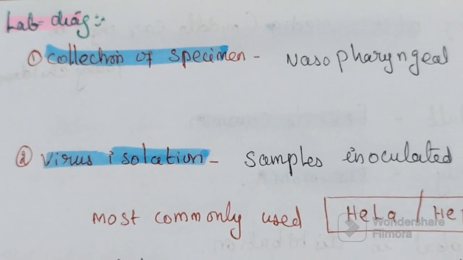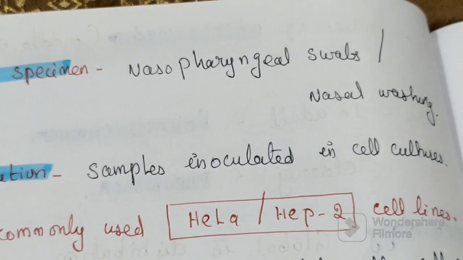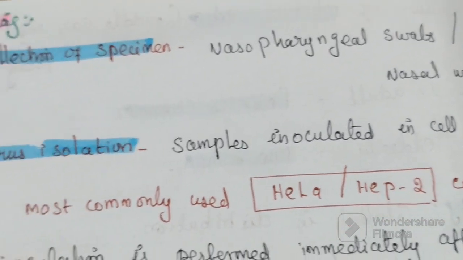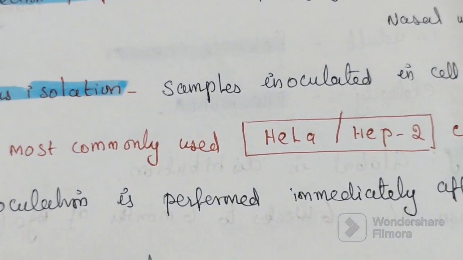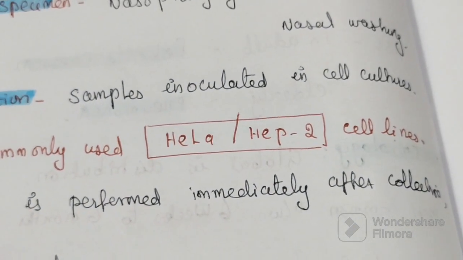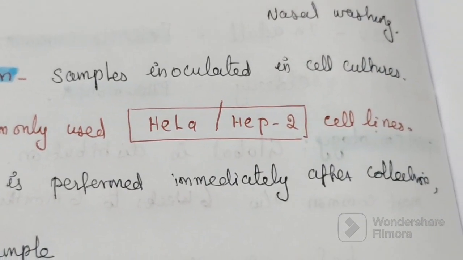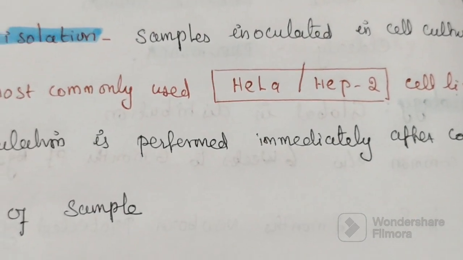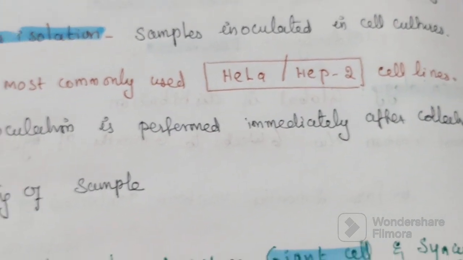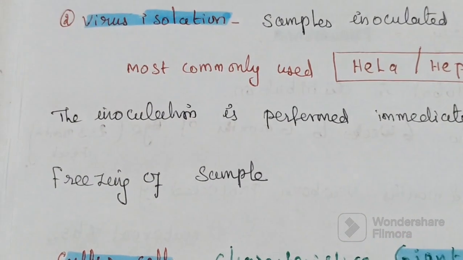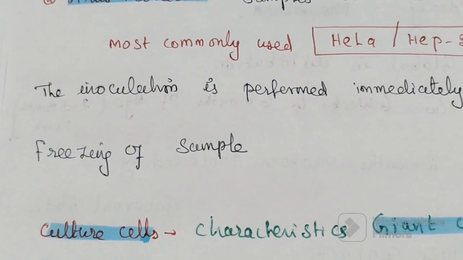Next, laboratory diagnosis. Specimen collection is by nasopharyngeal swab or nasal washing. Second is virus isolation, where samples are inoculated into cell culture, most commonly HeLa or Hep2 cell lines. Inoculation is performed immediately after collection because freezing of the sample may destroy the virus.